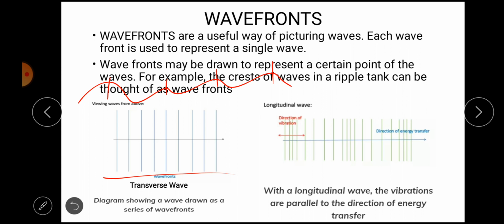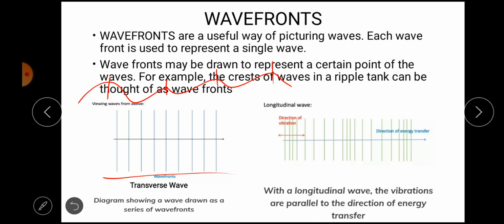You're just representing similar points of the wave, and then we come up with wavefronts. This is going to make it easier for us when we are drawing, as we are making more experiments and calculations with waves.